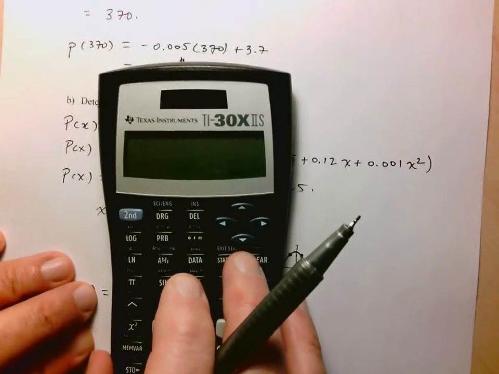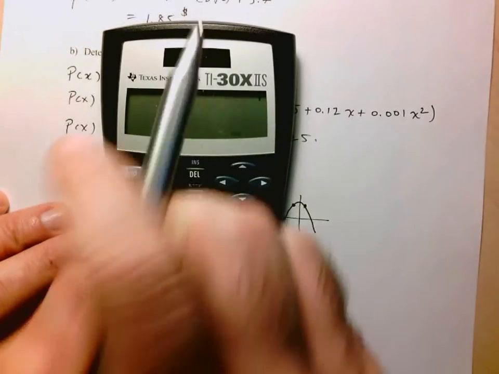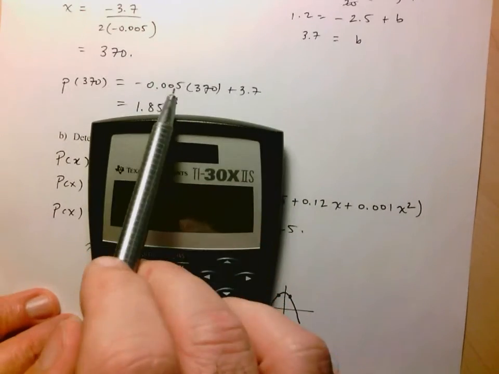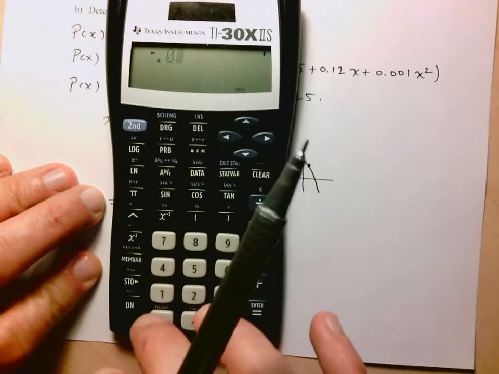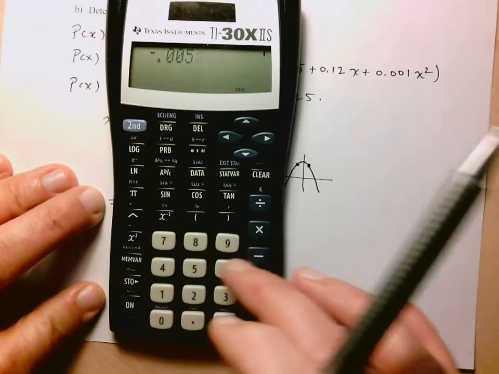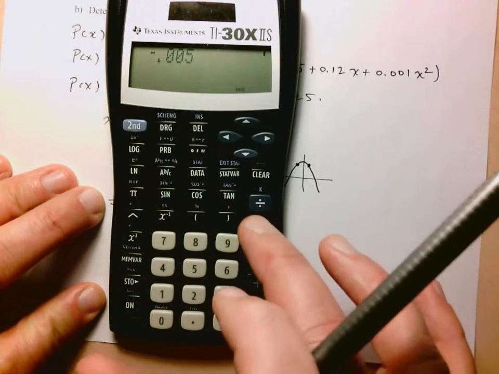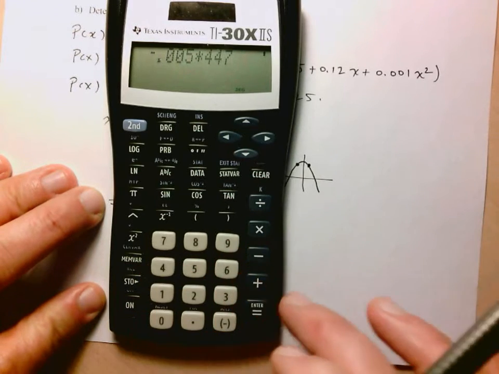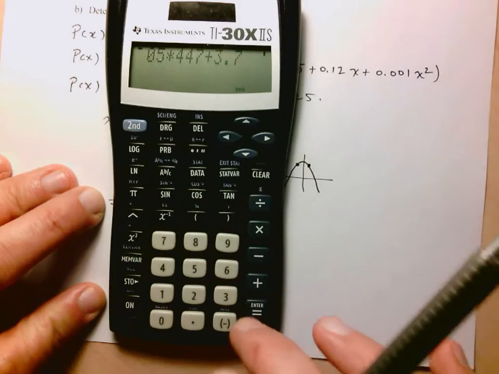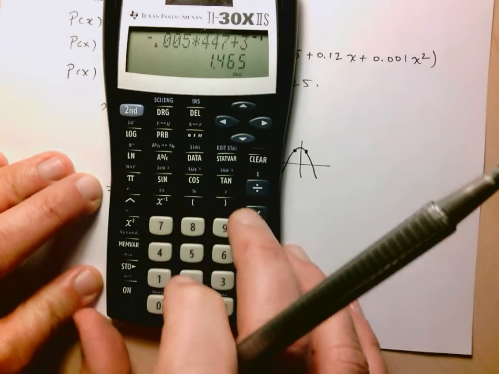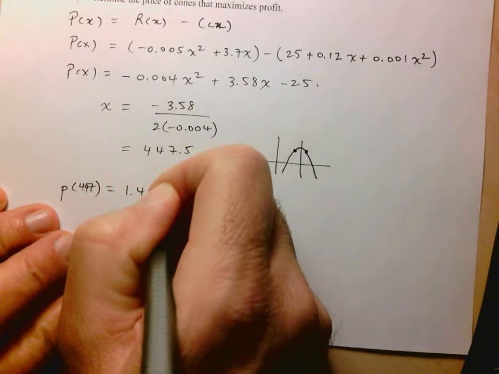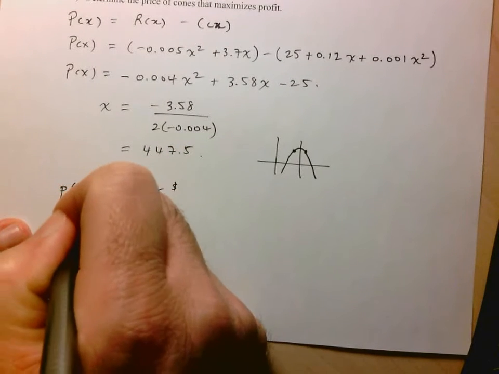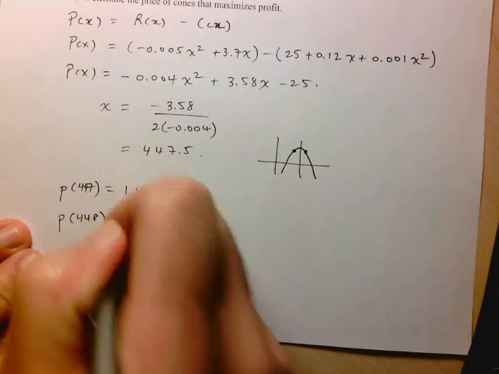So let's go back to my price function. There's my price function. So negative 0.005 times 447 plus 3.7 equals 1.465. And then let's put in 448.